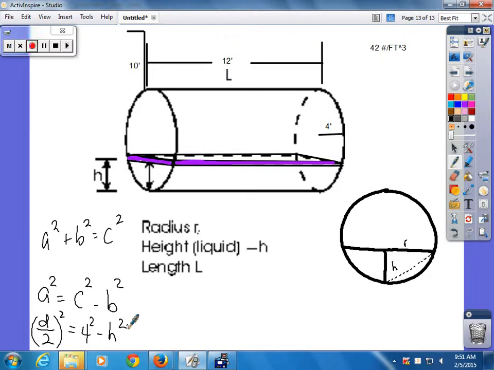Now, in order to understand that, you need to think about this relationship. Let's go from the beginning, right in the middle. Let's say that you're right directly in the middle of this circle. When it's at the middle, you know that this is equal to 4, and this whole distance is equal to what? 8. At that point.